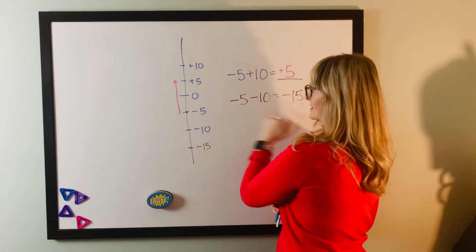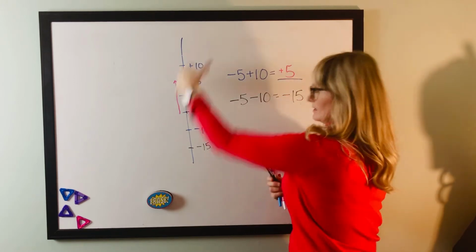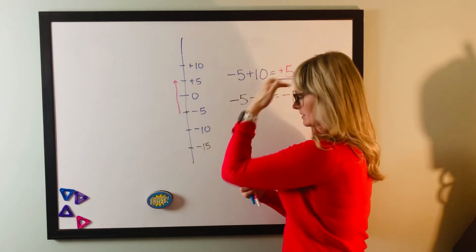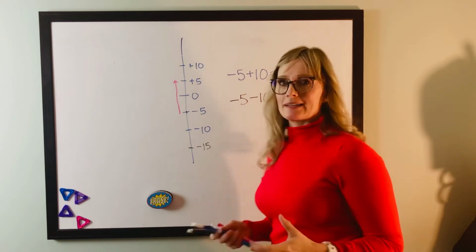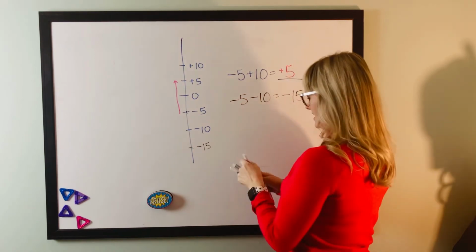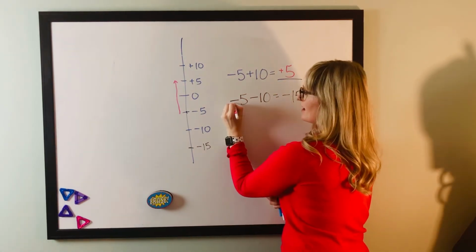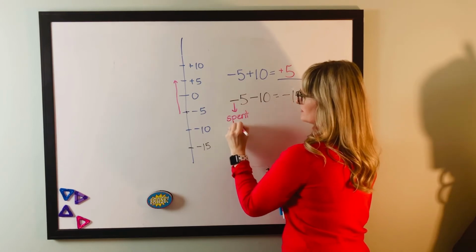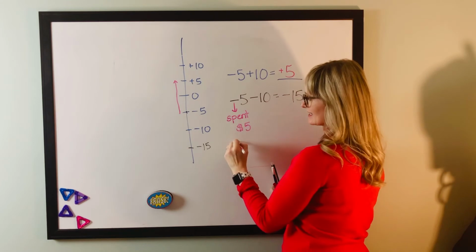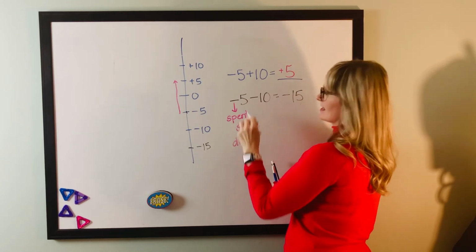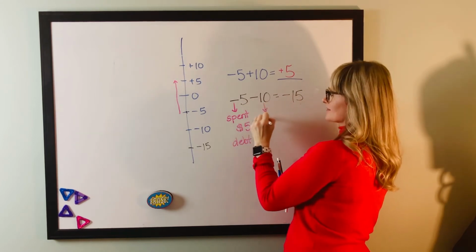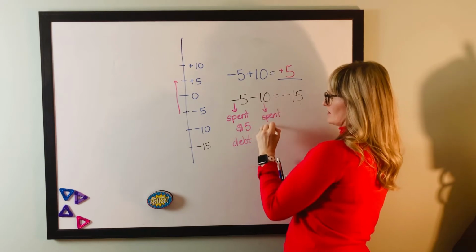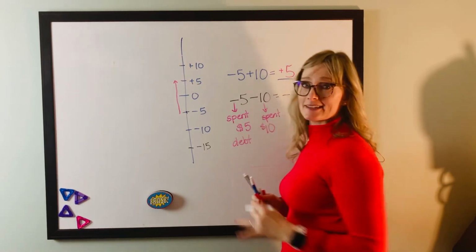Another thing I say to students who don't like the number line or the thermometer is, well, then think of money again. In this case, instead of saying I have -5, say I spent $5 or I'm in debt $5. Then I spent another $10. So how much did I spend in total?